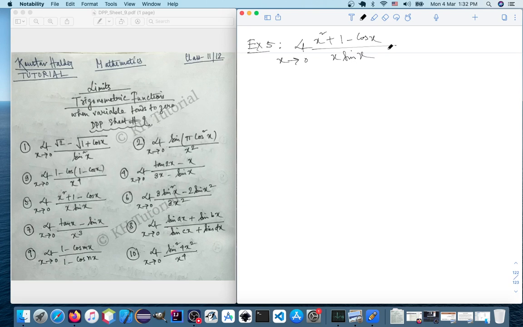Sin square x by 2 and sin square x by 2, this square. Yes, okay.